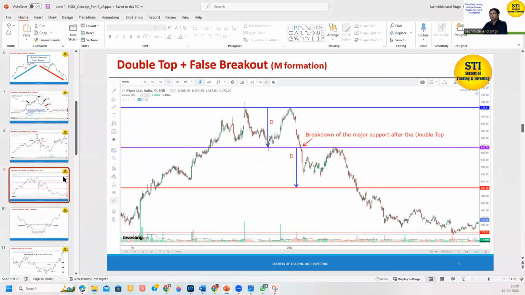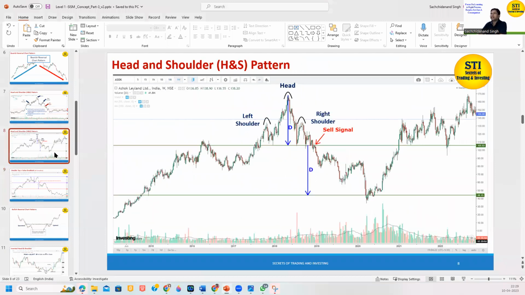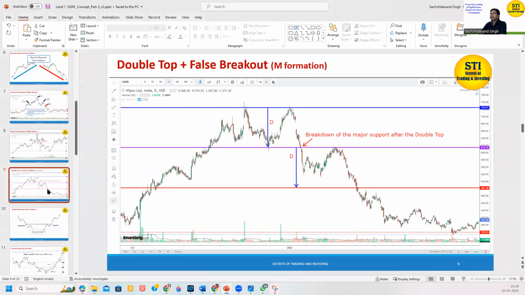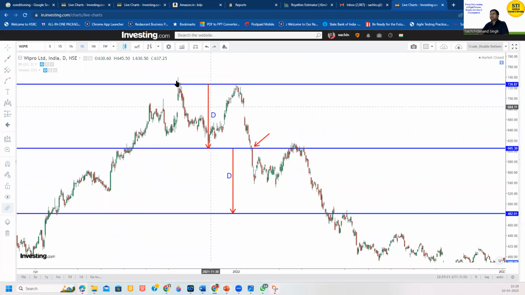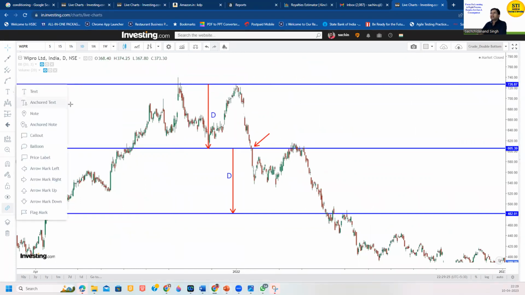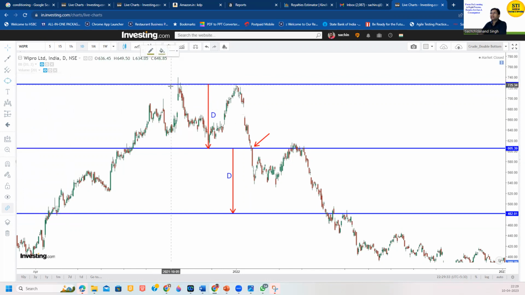As part of the bearish trend reversal, we have learned two things: head and shoulders, and then double top. And in this example, as I mentioned, this is an example of a false breakout. What does it mean? I will just highlight one point. If you look at this point, the highlighted one.